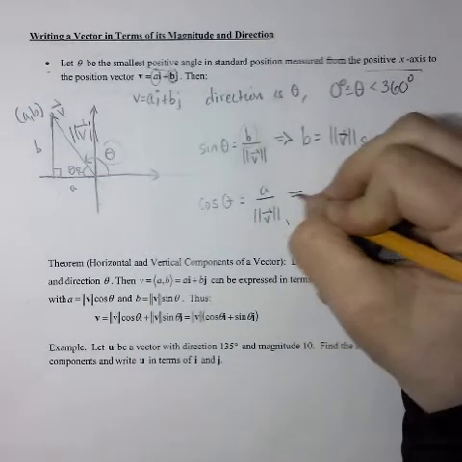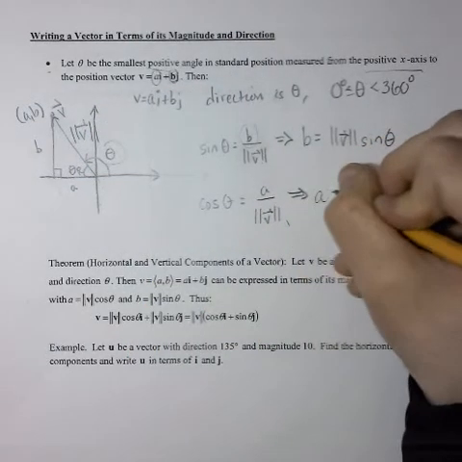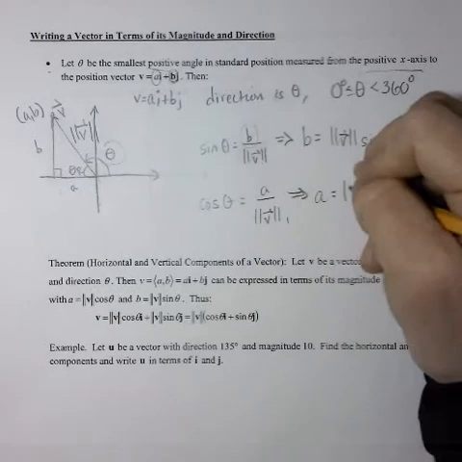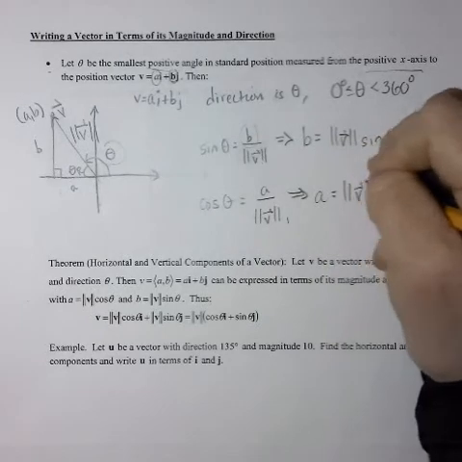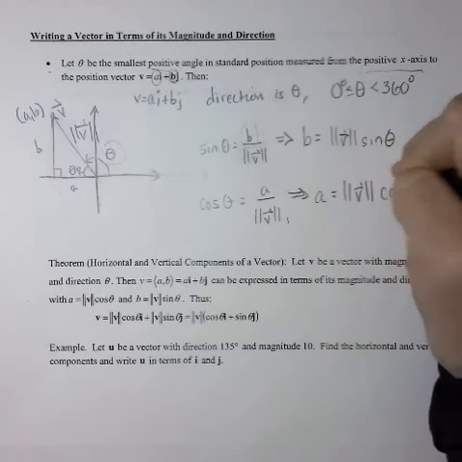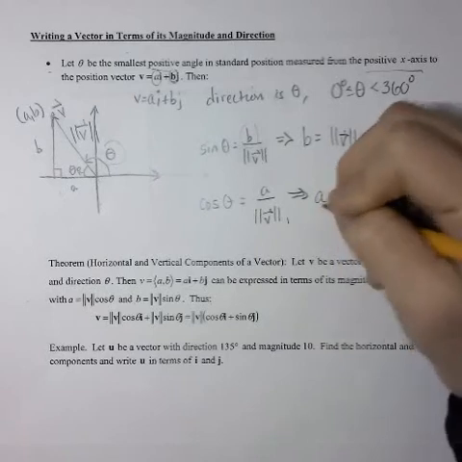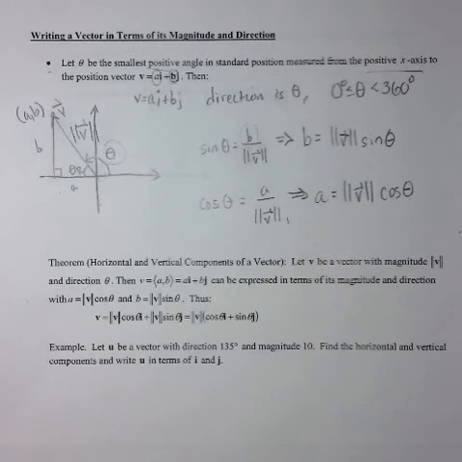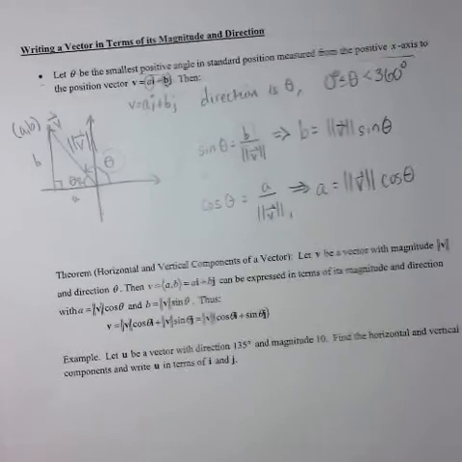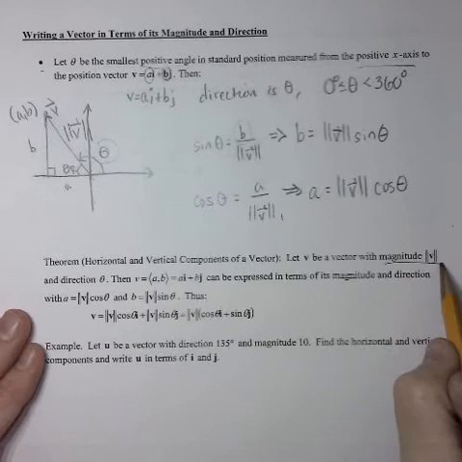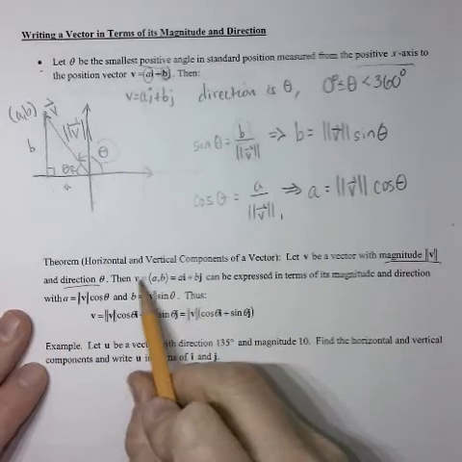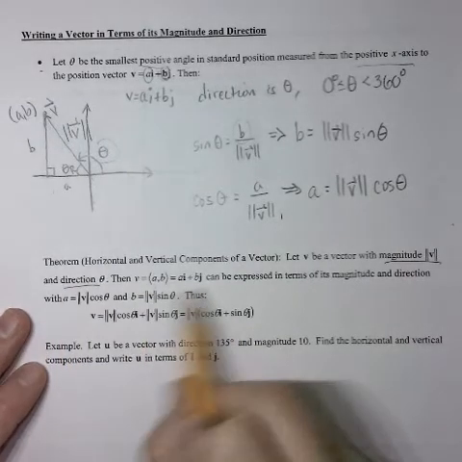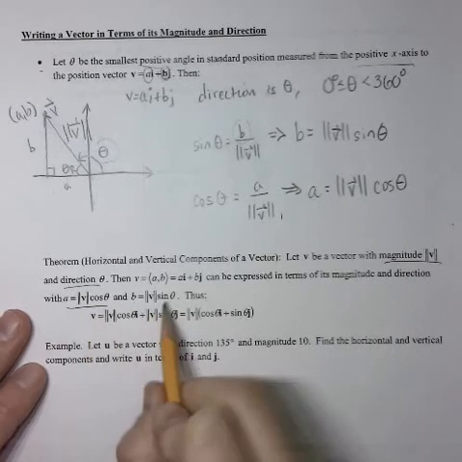And so if we know the magnitude of the vector and the direction, we can calculate the horizontal component. So that's what this theorem is saying. We're given the magnitude and the direction, then we can find the components of the vector using these formulas we just derived, right here and here.